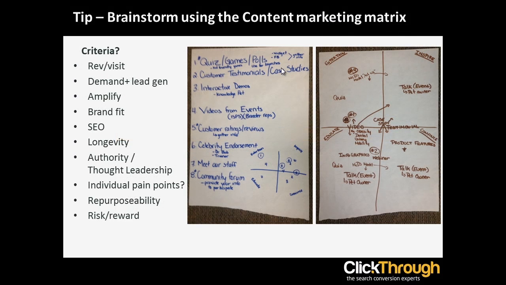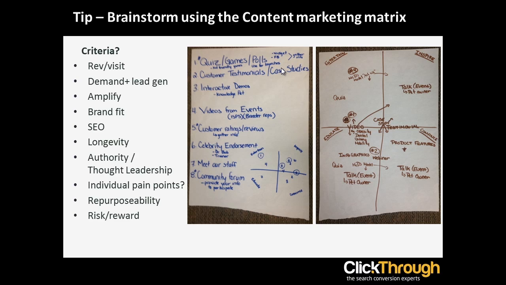So I've mentioned there the content marketing matrix as a way of creating a strategic approach to content marketing, and we'll often run this in workshops. So these are just some photos of some flip charts that I popped on the floor in a workshop.